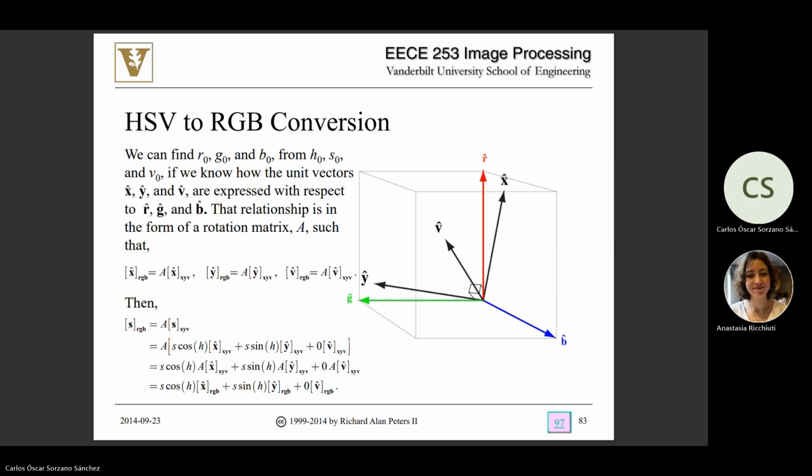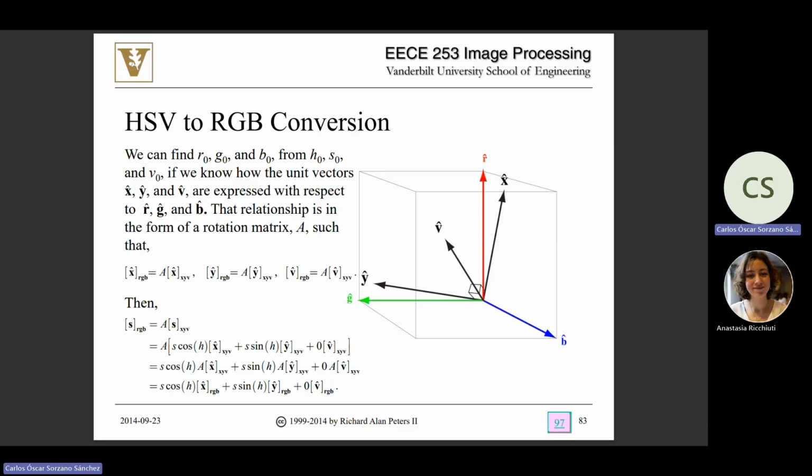So now the coefficients go out and the matrix gets in, and then what we have is the matrix times the coordinate x, the expression of x in the XYV, but now we are going through A. So after multiplication, we are in the RGB space.